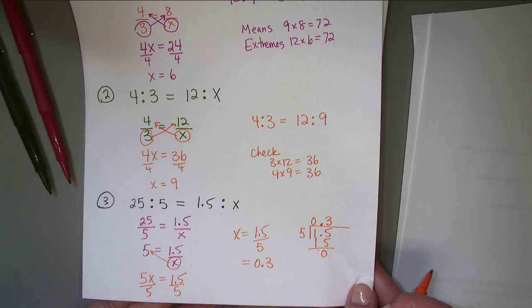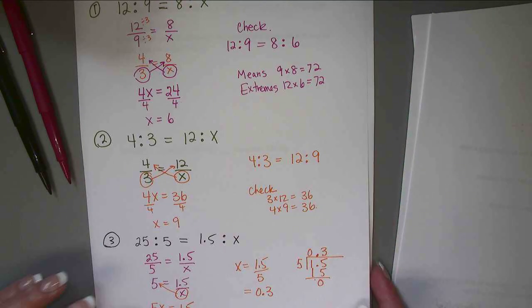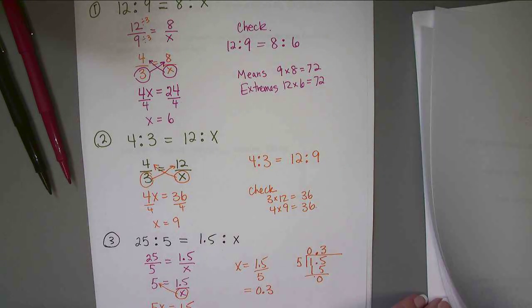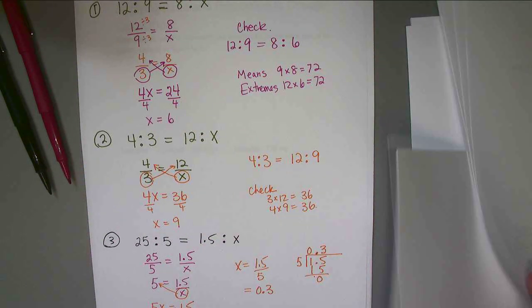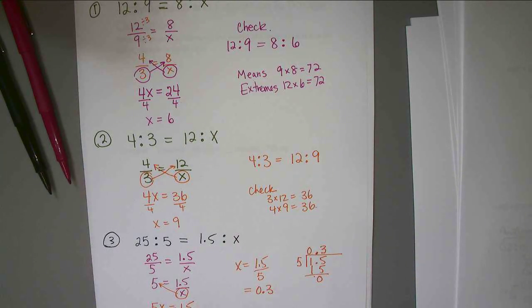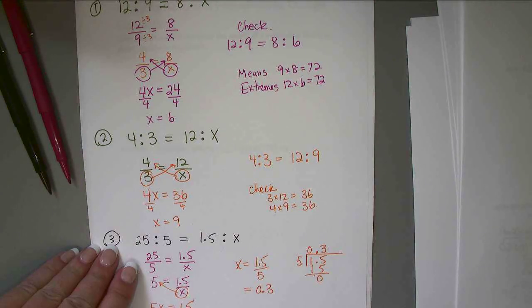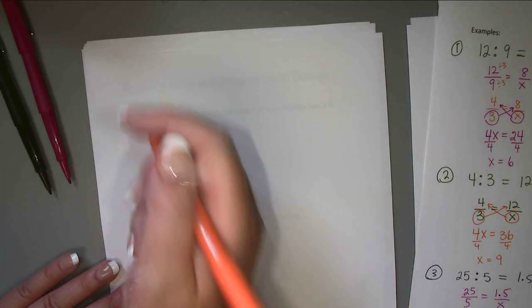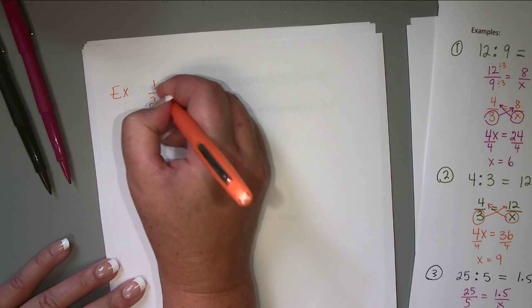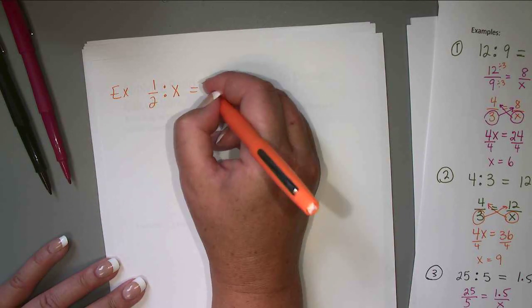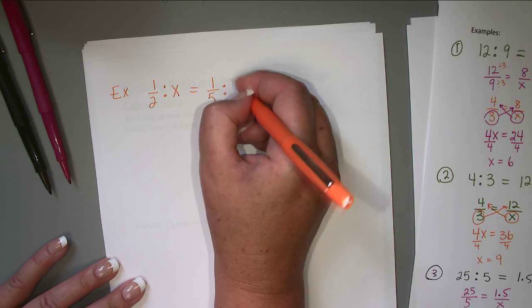And we could have fractions as well. So let's suppose we have, grab a piece of paper. One half to x is 1/5 to 1.